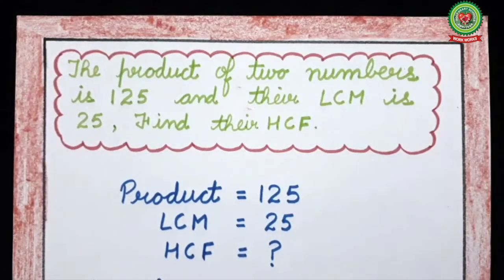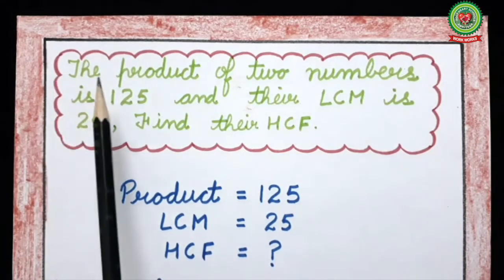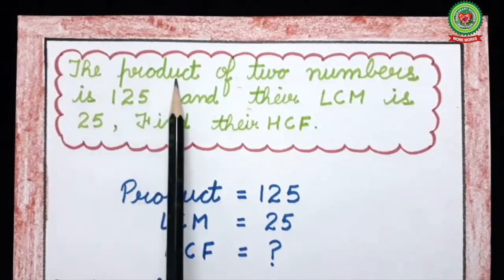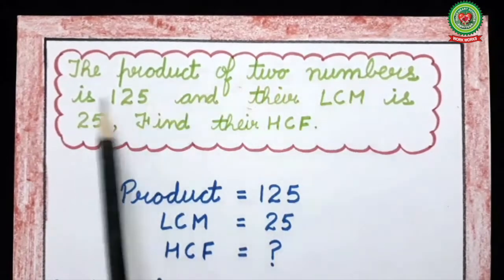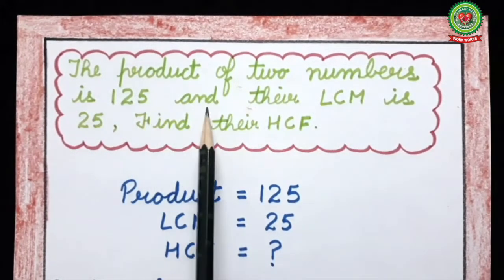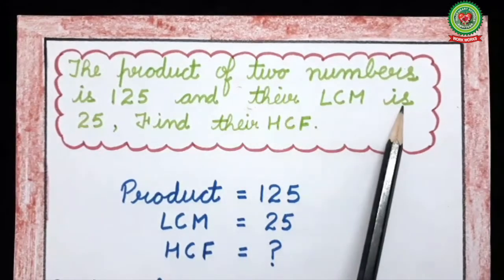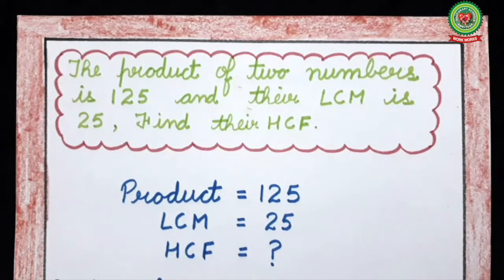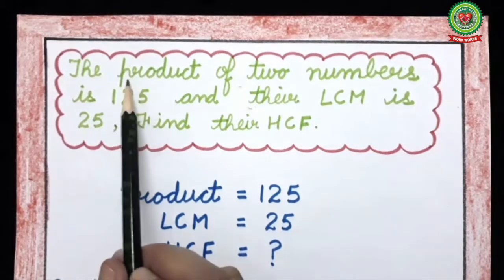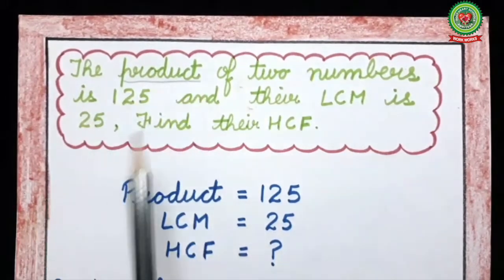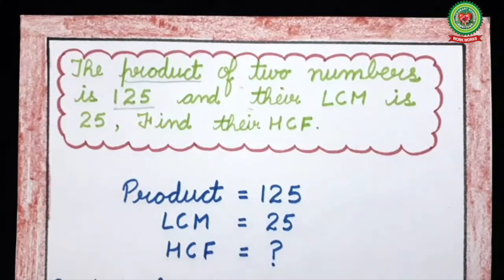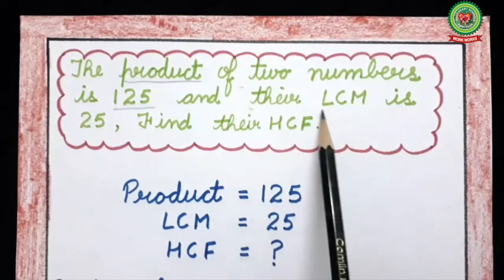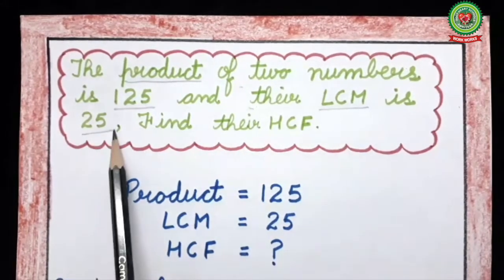Let's move towards the second example. The statement is: the product of two numbers is 125 and their LCM is 25. Find their HCF. In this question, we have given product is 125 and LCM given is 25.